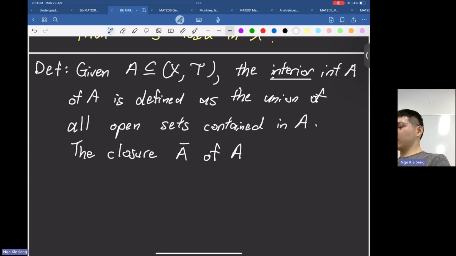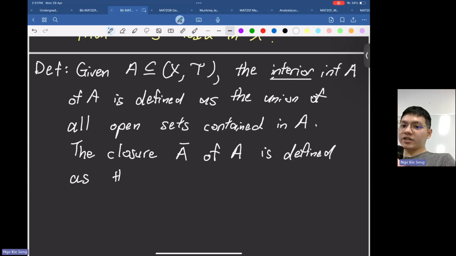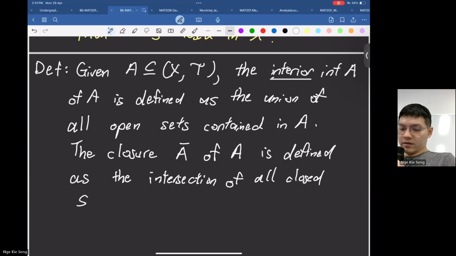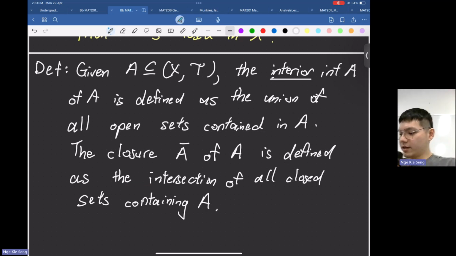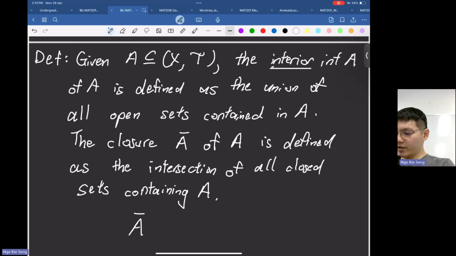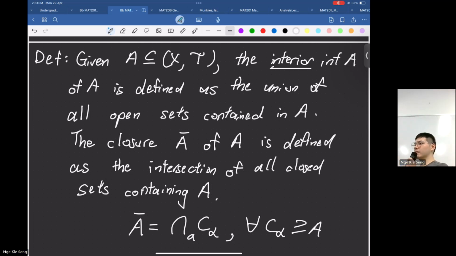What we have here is closed sets. So we define this to be the intersection of all closed sets containing A. Let's write this in words: A bar should be equal to the intersection of all C alpha that contain A.